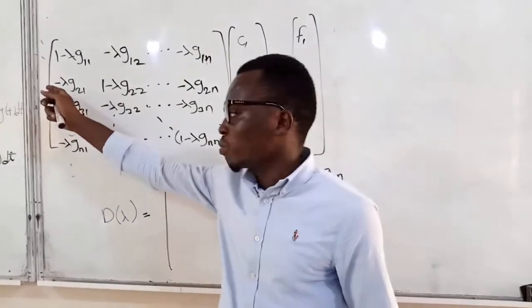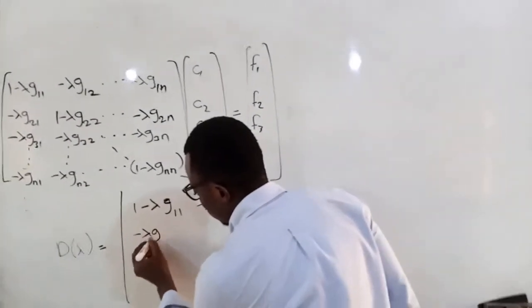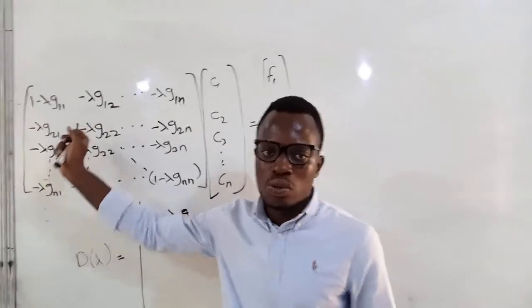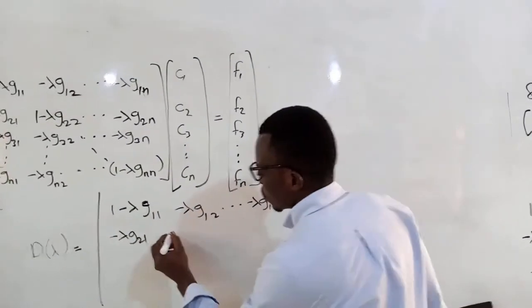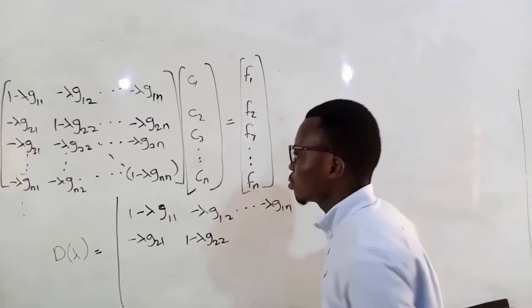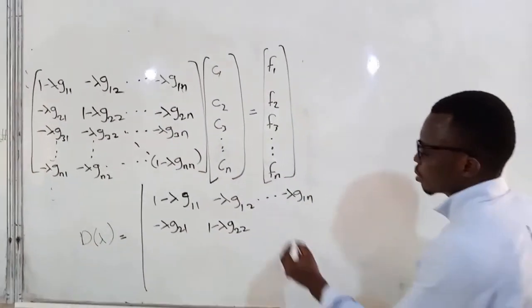The next row becomes minus lambda j21, then 1 minus lambda j22, and here minus lambda j2n.